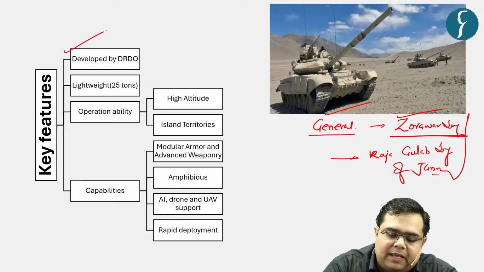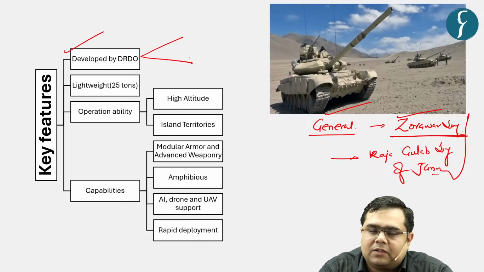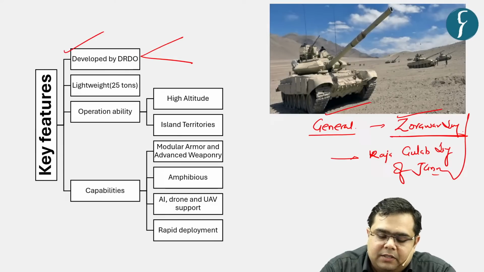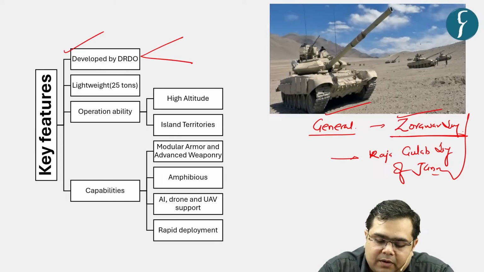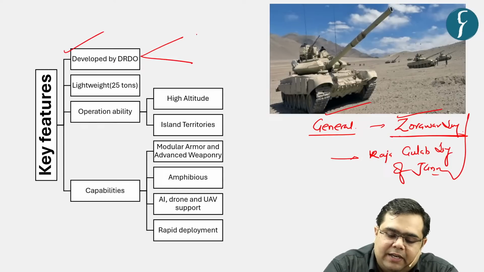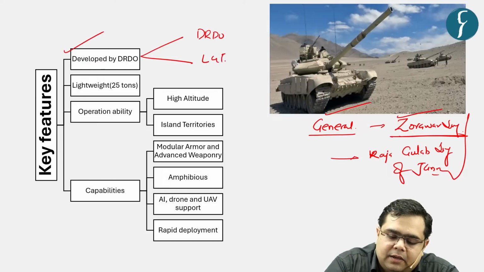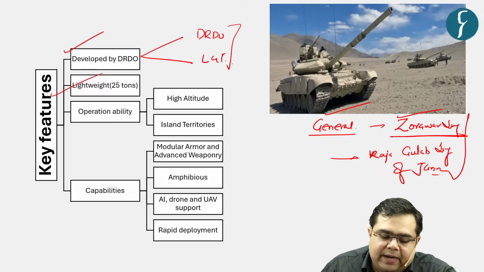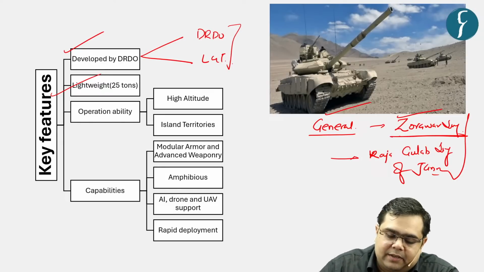The first one being that it is indigenously developed, unlike other armoured tanks of India. For example, T-90 has been taken from Russia, right? So it has been jointly developed by DRDO and L&T, right? Then another most important aspect is its lightweight nature.